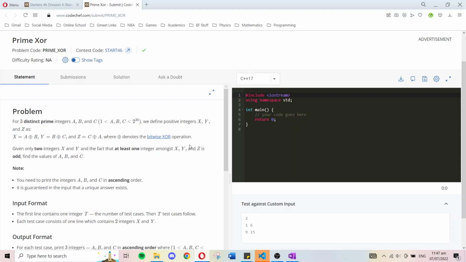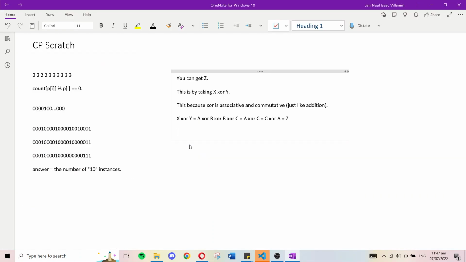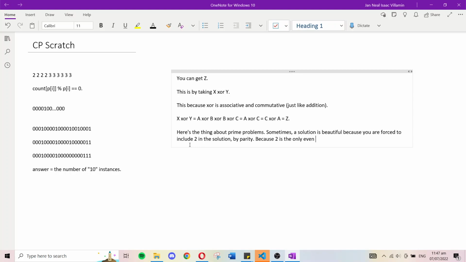The next observation is about primes. In prime problems, sometimes a solution is beautiful because you are forced to include 2 in the solution by parity, because 2 is the only even prime.